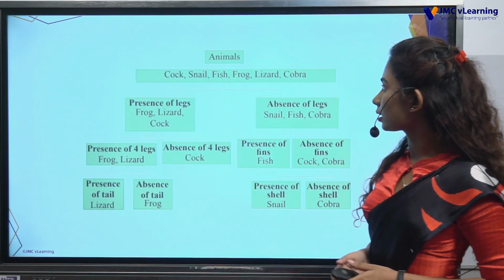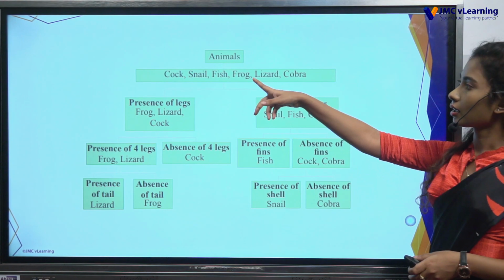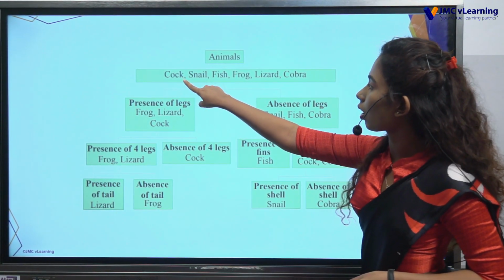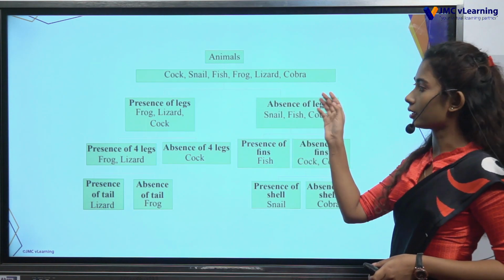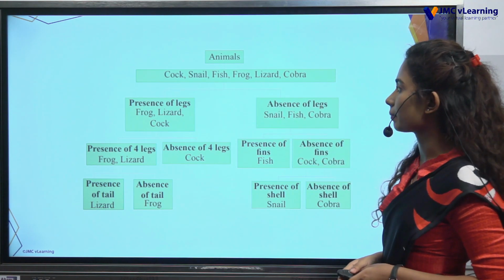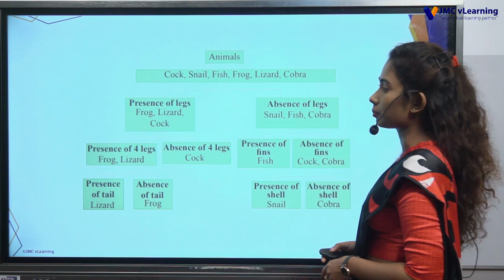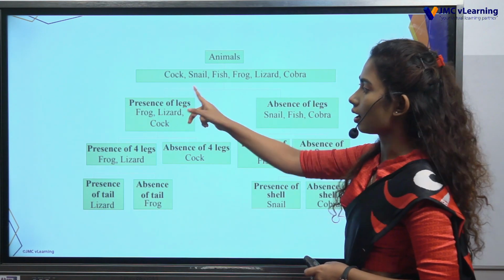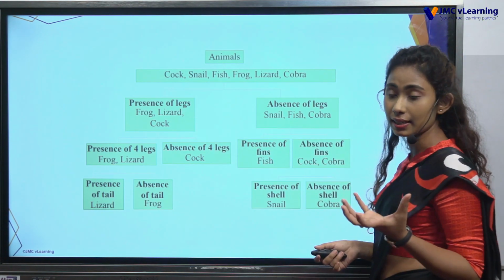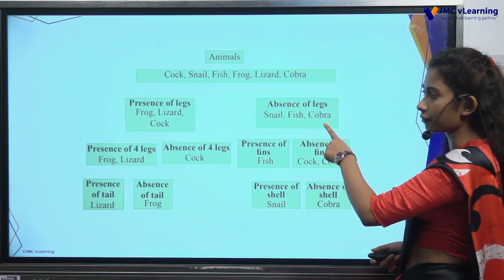Let's see a dichotomous key. For example, here are a snail, fish, frog, lizard, and cobra. These are some example animals. Now we are going to categorize them using a dichotomous key. First, we use legs. The external character is legs: presence of legs and absence of legs.